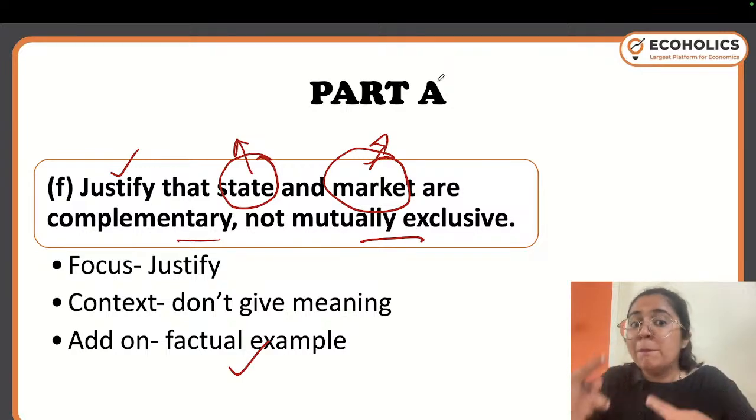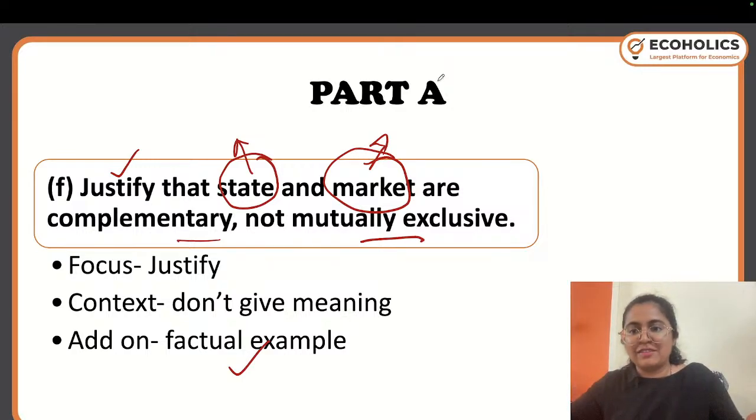Are you understanding? This is complementary, not mutually exclusive.